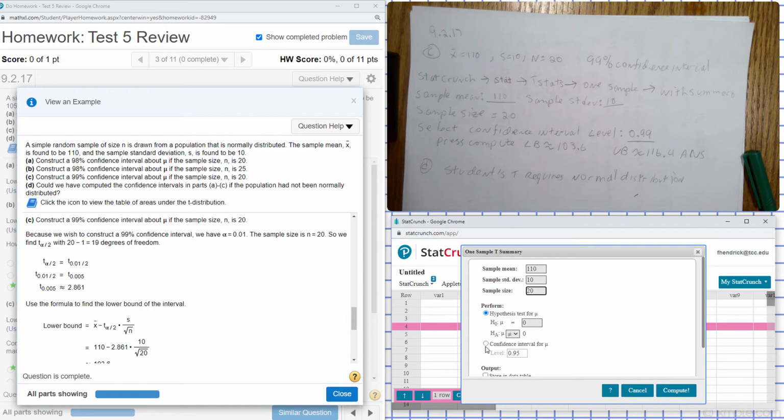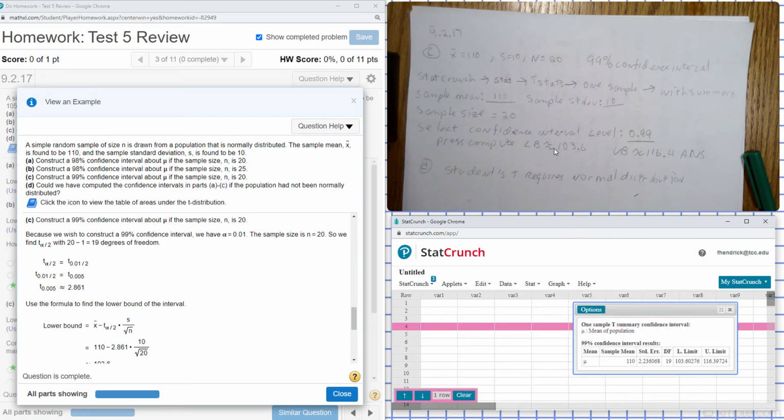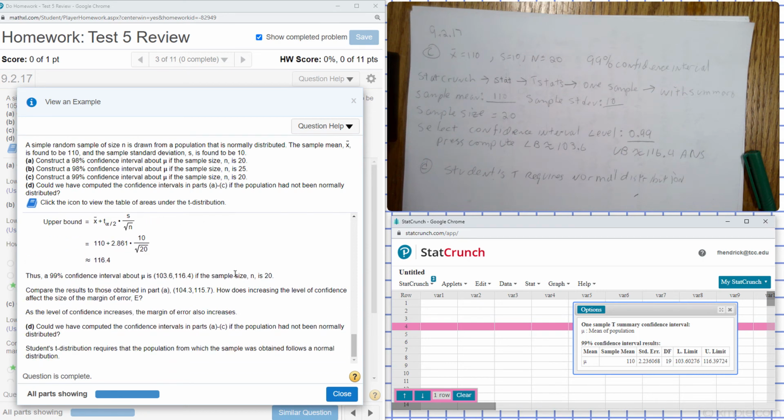In this case, they want a 99% confidence interval. And we press compute. And it gives us our lower bound and our upper bound here. Okay. And that's C. Next one is D.